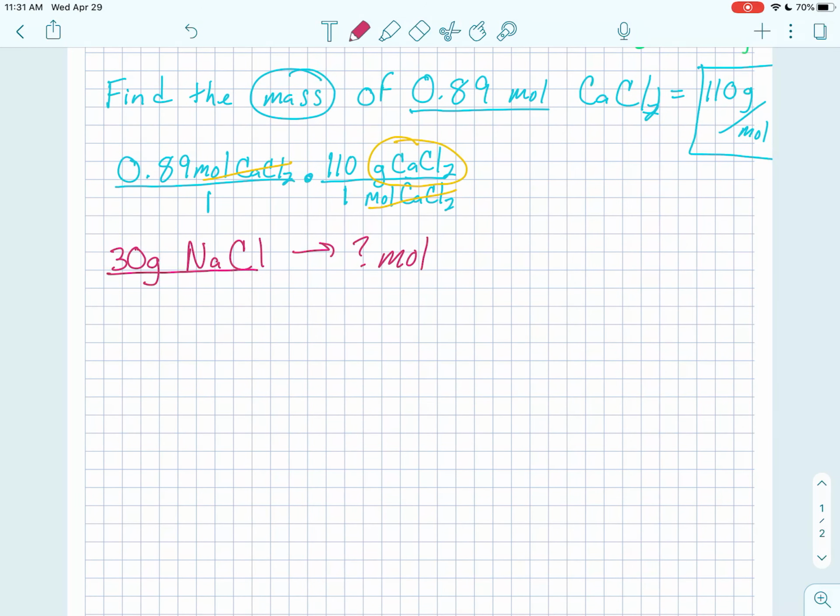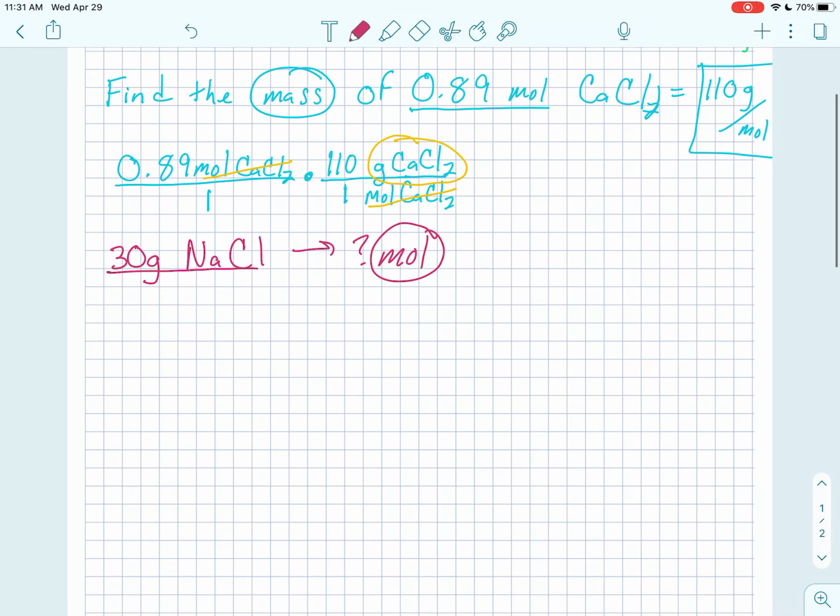So once again, we underline what we have, and we're going to circle what we're trying to get to. So my known goes over 1. Don't forget your units. And so now I'm going to go backwards this time than what I did up above. I'm still going to have my molar mass.